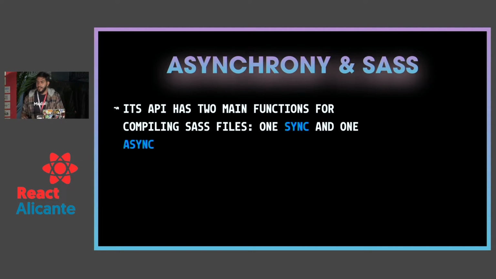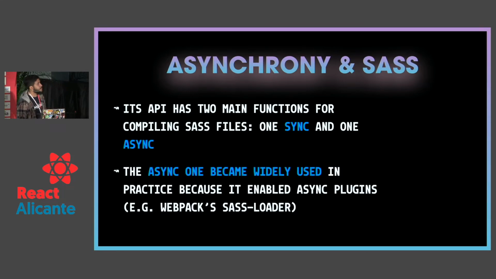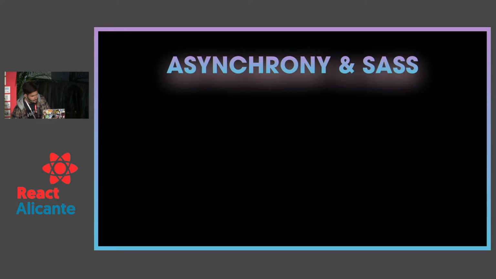The SASS API has two main methods for compiling SASS files. It's got the sync and the async version. And over time, the async version became more and more used because it was better, for example, for building Webpack plugins and loaders, and it was kind of what was going on in the community. Everyone was doing async stuff.